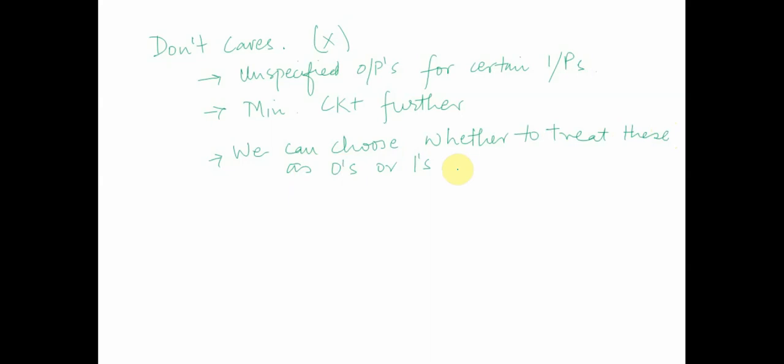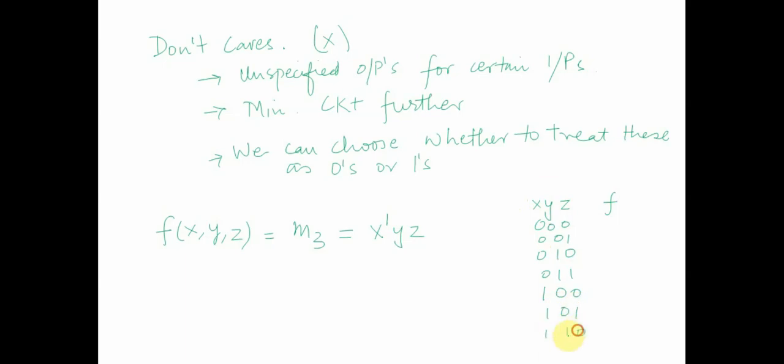Okay, now let's assume one example. Let's assume we have a case where f of xyz is equal to m3, which means what? That m3 was x bar y z. So basically this will be something like x, y, z and f: 0, 1, 1. So let's assume this was 1.